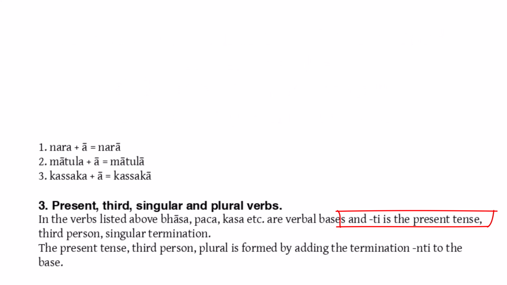If you want to be very diligent, you can do that at home. First we have Bhupalo bhunjati. The meaning, the king eats. Putta sayanti. The meaning, the sons sleep. The sons are sleeping.